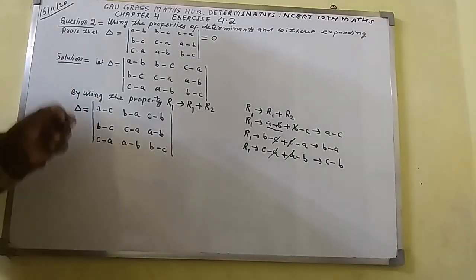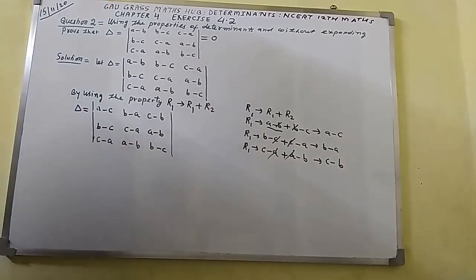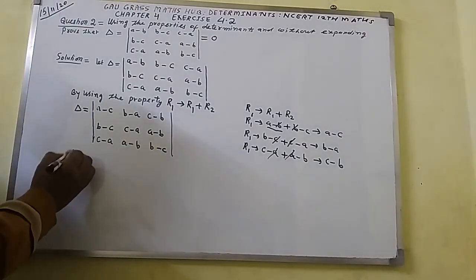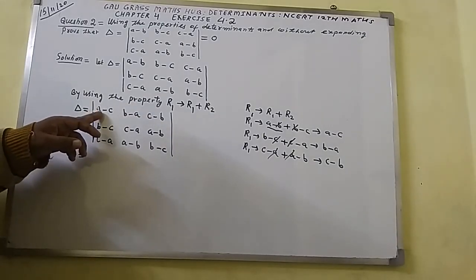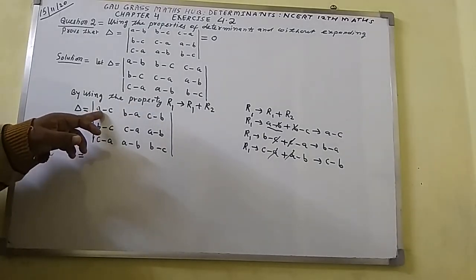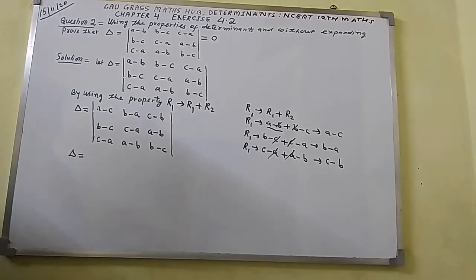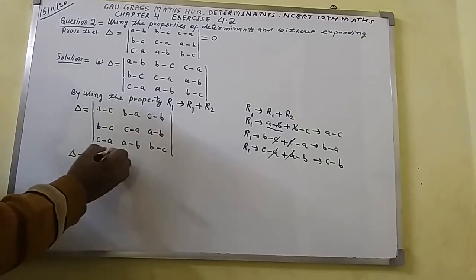Now take first row. From the first row, take minus common here. So what you do here? Here you can see determinant equal to, if you take minus 1 as a common from the first row. So here I shall take minus 1 as common.